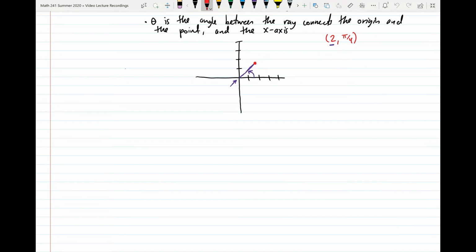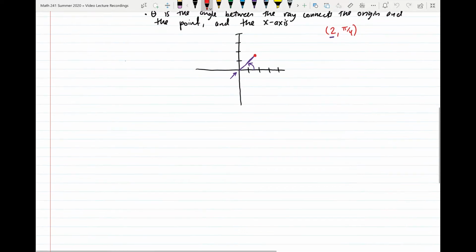Immediately after this example, we should specify some unique characteristics of plotting points in polar coordinates that are different from plotting points with Cartesian coordinates.